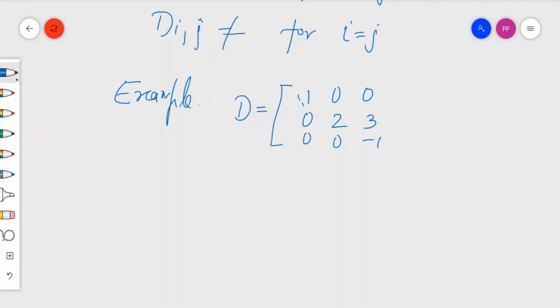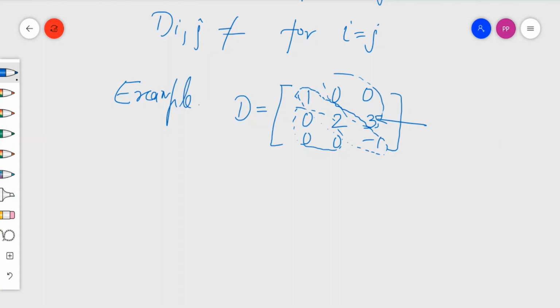So you can see that the main diagonal elements are non-zero while the off-diagonal elements are 0, except in the case of the element 3 here.